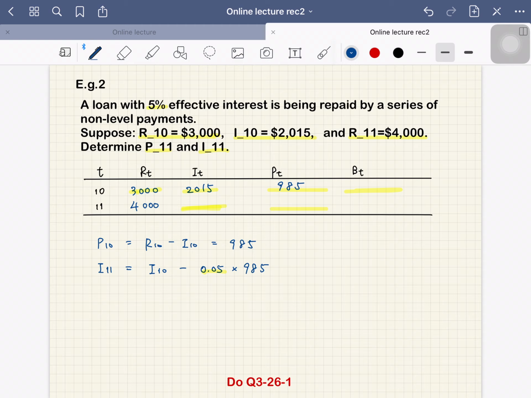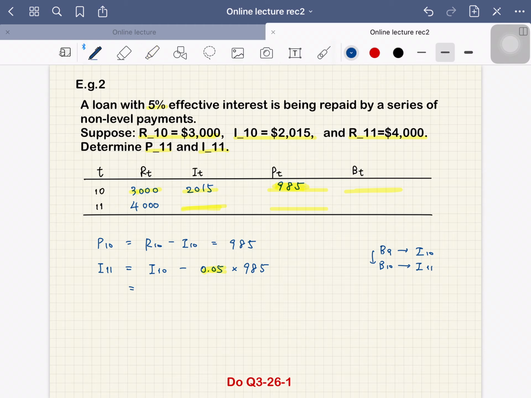Because the balance at time 9 determines interest at time 10, and the balance at time 10 affects interest at time 11. And what's the change in balance? The change in balance is this P10. So the interest for the 11th year is slightly less. This principal repaid times interest rate is less than I10.